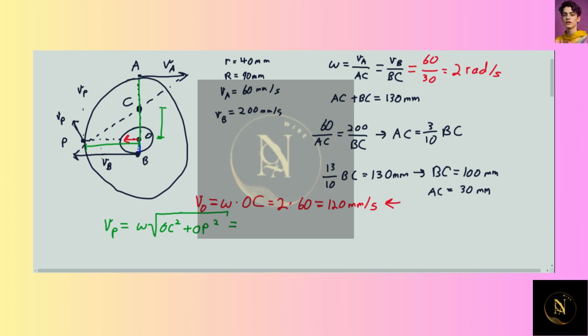Again, OC we found to be 60 millimeters, and OP is 90 millimeters. And when we put all these in and multiply them out, we get a velocity of 216.3 millimeters per second. And this will be up and to the left, perpendicular to this line CP here.